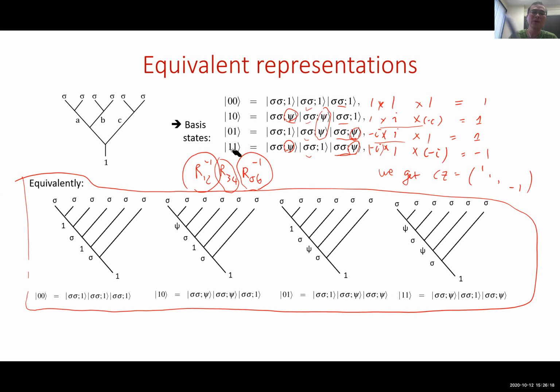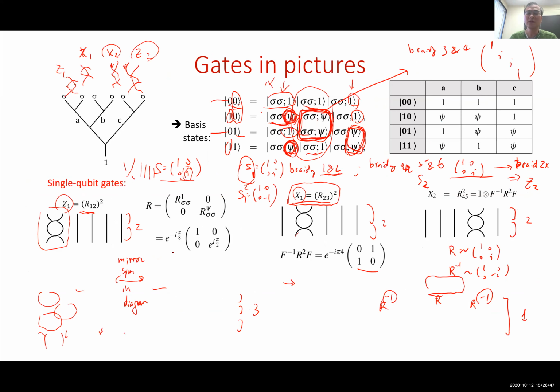If I braid these two, then I can really use the transformation that we have on this. This is a transformation that is really here.